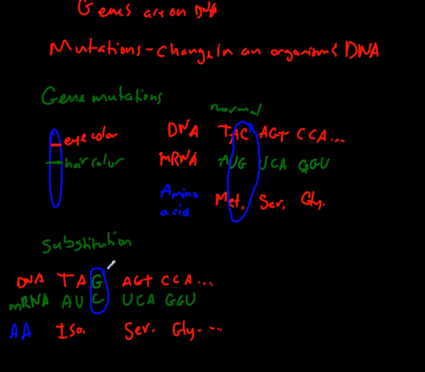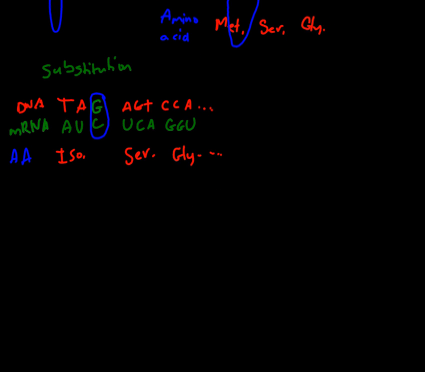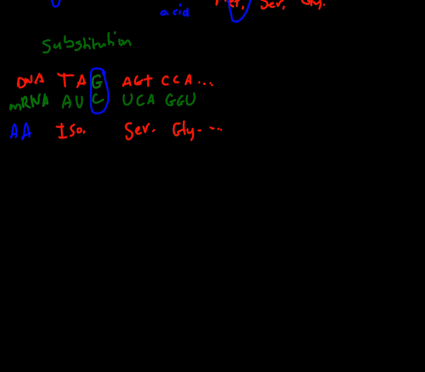But in a substitution mutation, only a single nucleotide is replaced by another one that affects the mRNA that's made, and that'll affect the amino acid that gets made. Okay, so that's one type of gene mutation. It's a substitution. And it's bad, but it's not as bad as the other type that I'm going to talk about next.